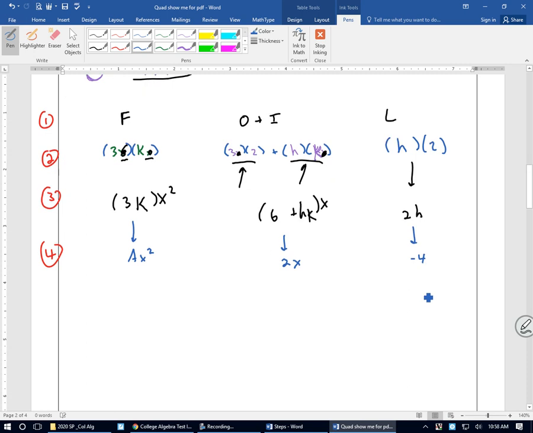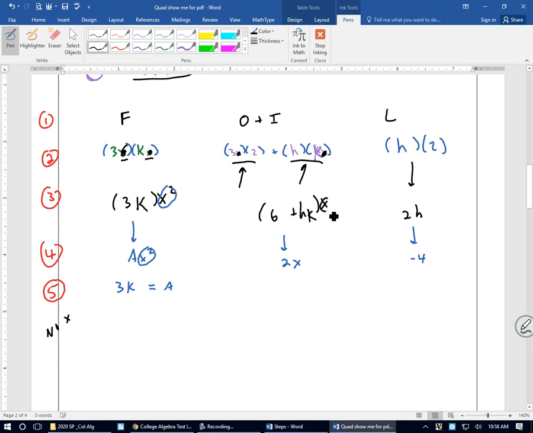Step 5, equate coefficients. There are no more x's after step 5 in your equations. We're going to take all the x's out and equate the coefficients. The coefficients here are 3k and a, and I'm going to equate them.